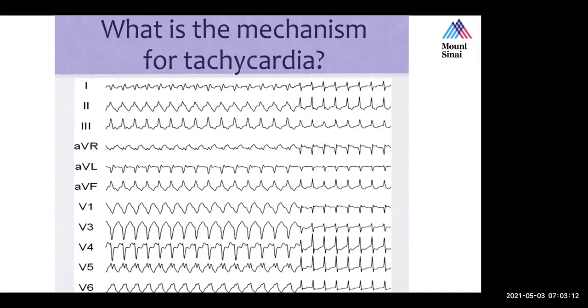All right, so I don't see clear P waves preceding any QRSs. The QRS does look a little wide, but I don't have those boxes to help me, but I do see a deflection after the QRSs, which seems to be consistent.